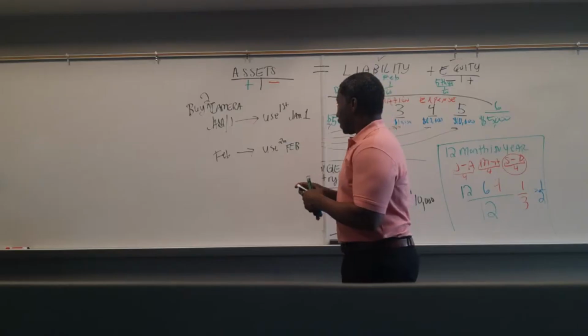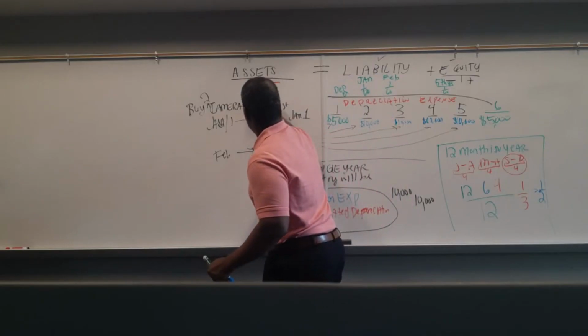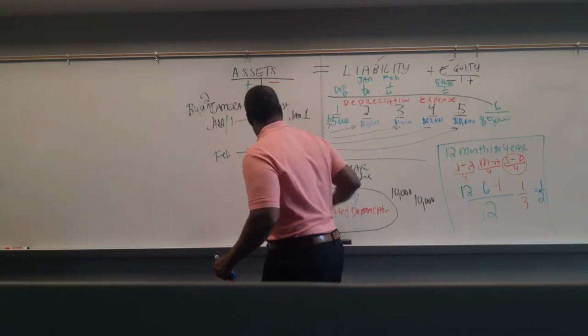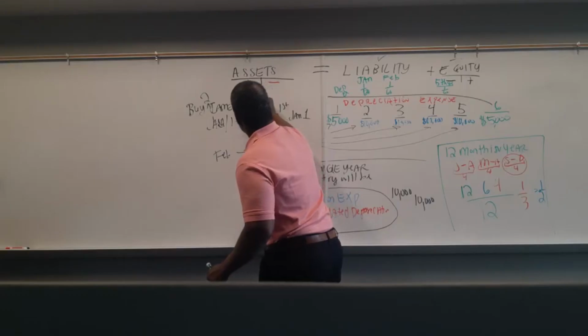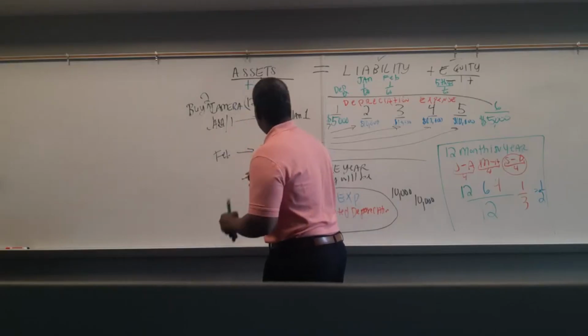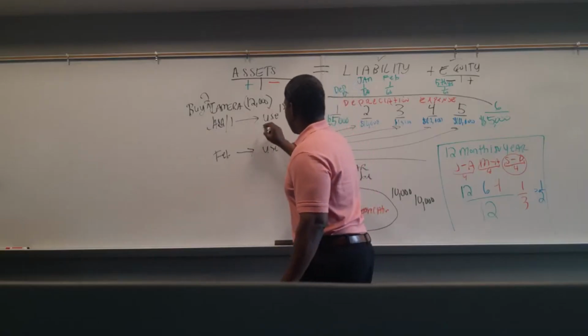The camera costs $10,000, or better yet, for ease, let's use $12,000. If I have a $12,000 camera, then for the first month, I would have started using it, okay?